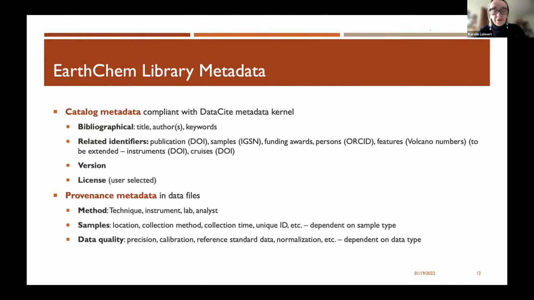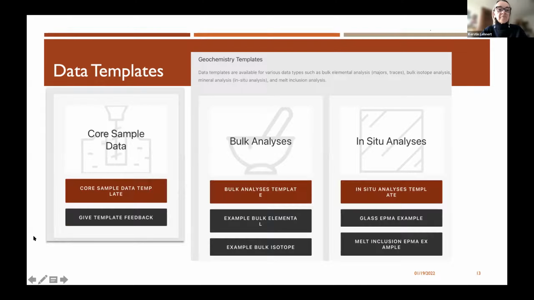It's really important, if data were normalized to standards, to know that, so they are actually comparable to other measurements. And then last but not least, there are the metadata about samples, from the geospatial location to collection method, collection time, unique identifier, and so on.